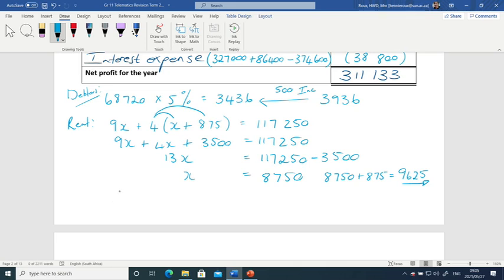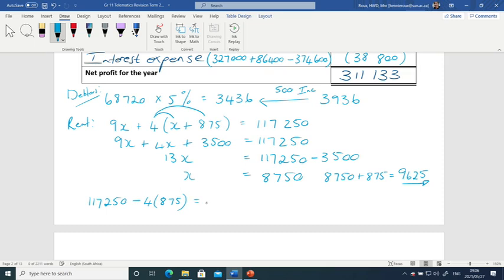The other method that you can apply is, you can say that of that 117,250 that we've received in the pre-adjustment trial balance, 4 months at 875 to be subtracted. That was the increase, and we've received that for 4 months because we've received up to March.